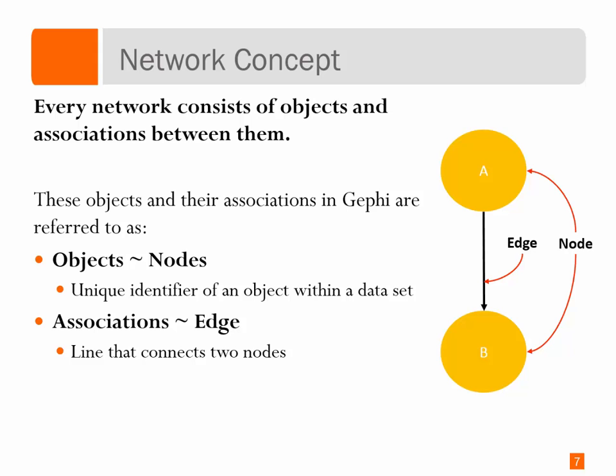So we could call it a link or an edge. It's a line that connects the two nodes and establishes the relationship between them. As we walk through our discussion on using Gephi, we'll be discussing these as edges, but know that they're the same thing as links or relationships.